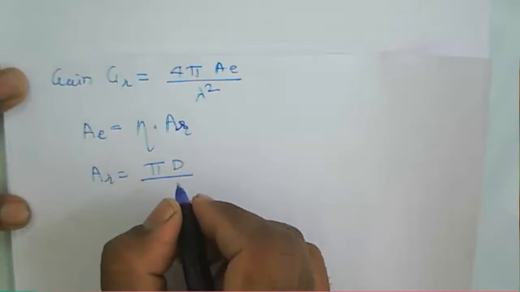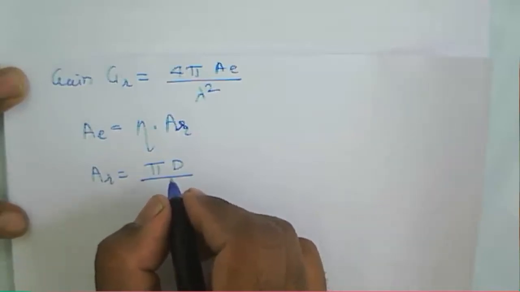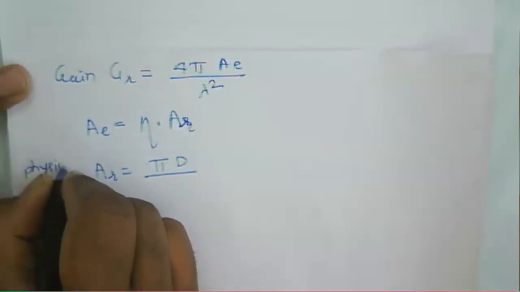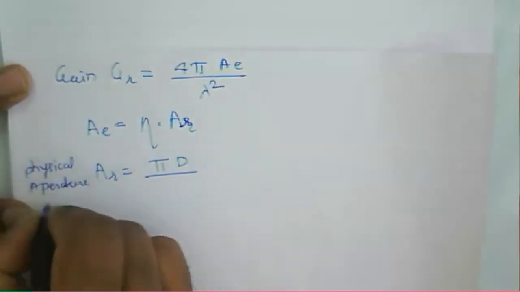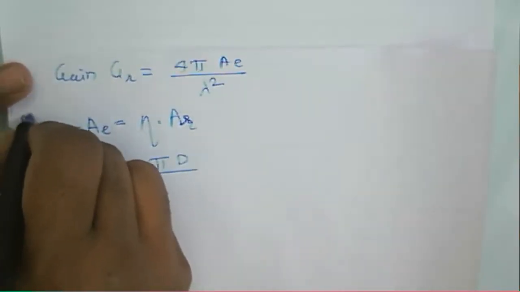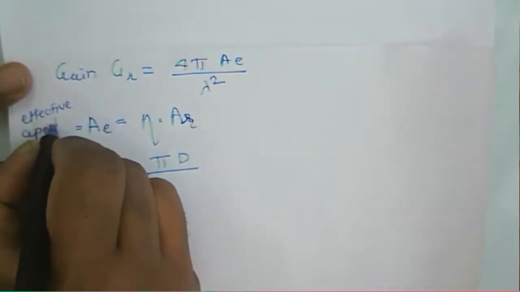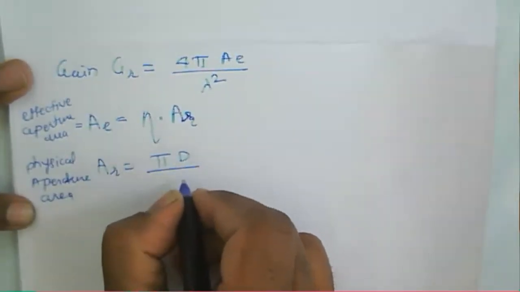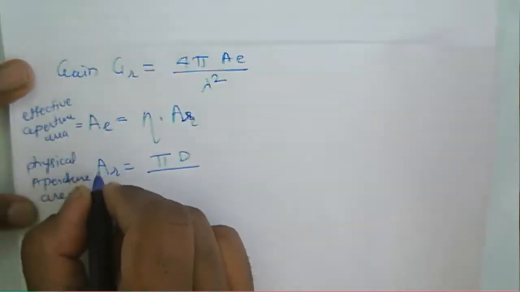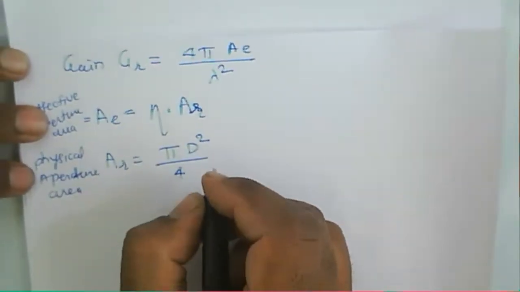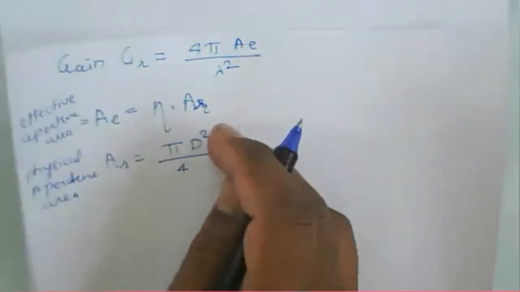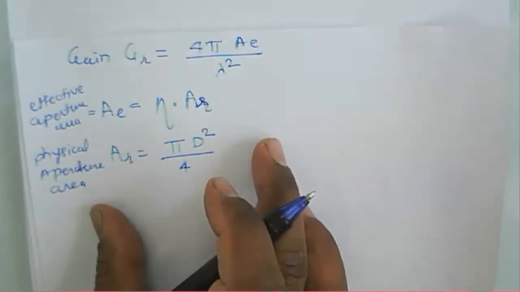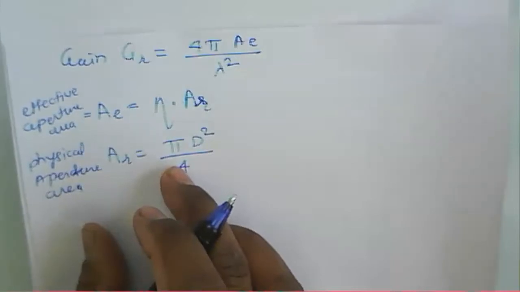Since the diameter of the antenna is given, and that antenna is a dish, the physical aperture area AR is equal to pi d square by 4 here.